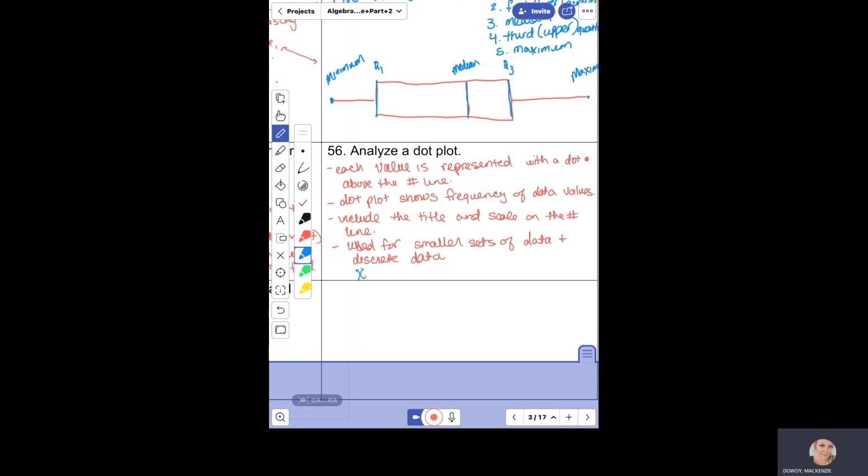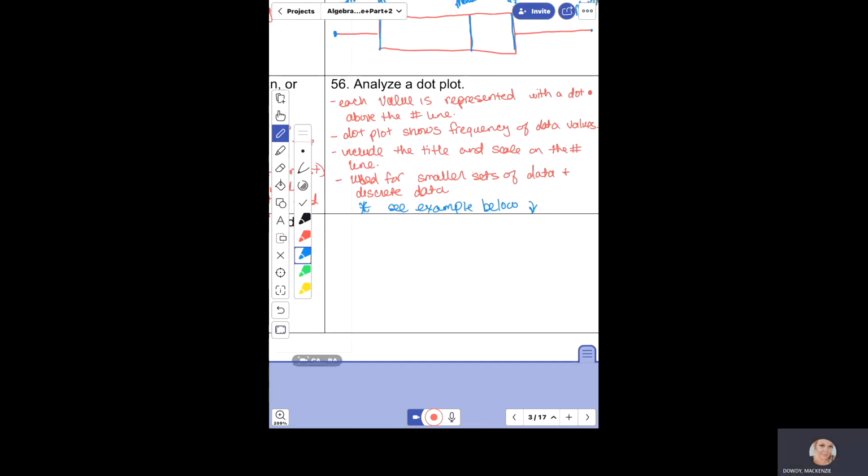Make yourself a little asterisk. See example below. Because yes, we are going to draw a dot plot. I keep getting dot and box mixed together.